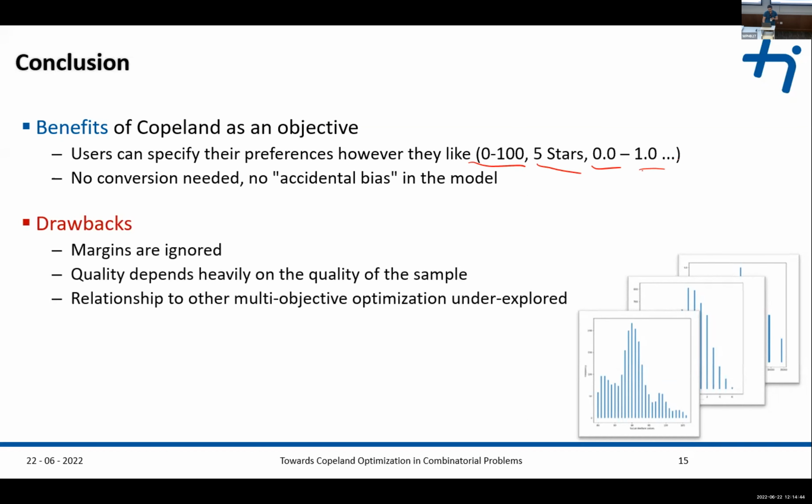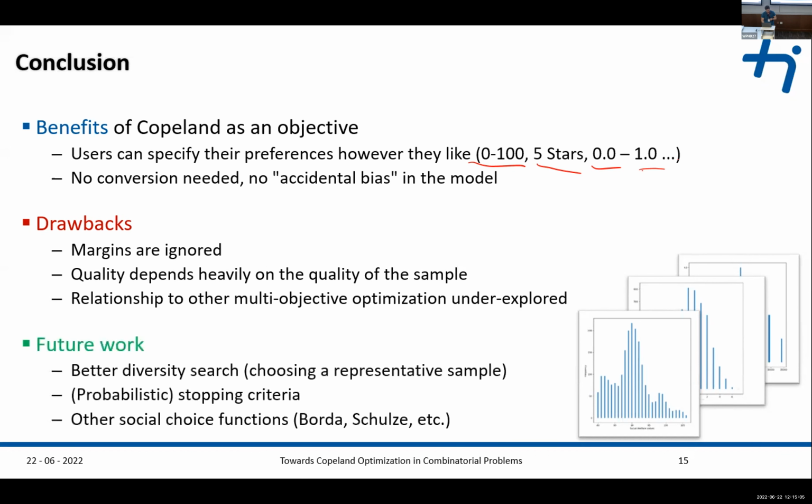The drawbacks are that the margins are still ignored. Our quality depends heavily on the quality of the sample, but I know maybe some approach that we've heard today which should be really interesting to try. And the relationship to other multi-objective optimization is just underexplored. We have to do more work here. We want to incorporate better diversity search, perhaps a more problem-specific one.